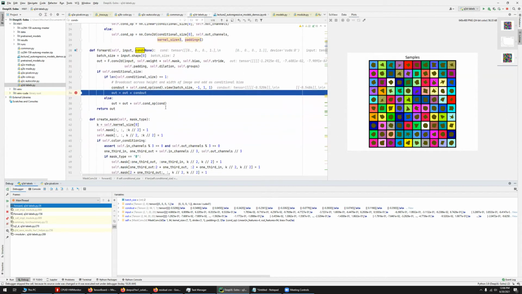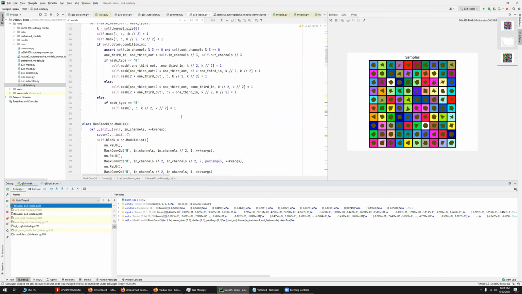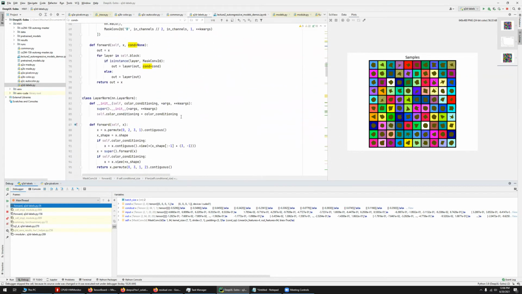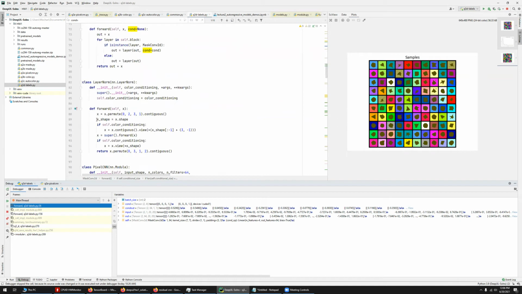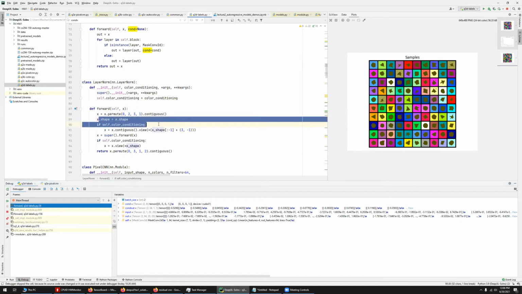The only other thing that I see the condition do is layer norm. So they change the shape. Instead of being contiguous, they say we have to put it back, and then the layer normalization will normalize over the right values.